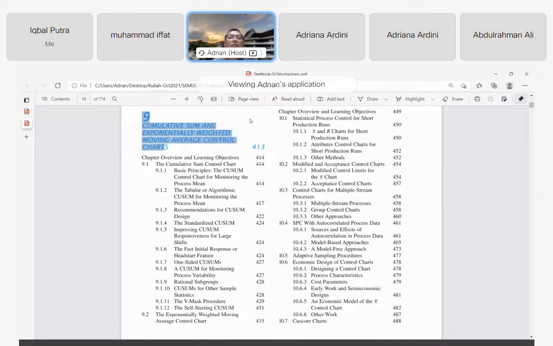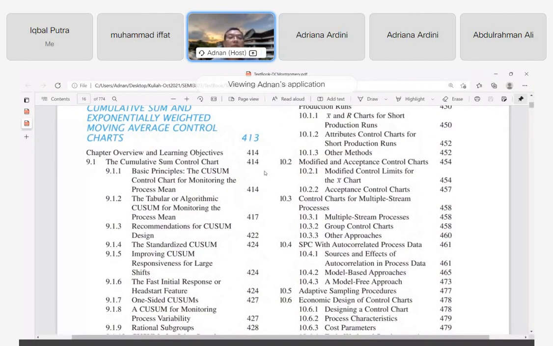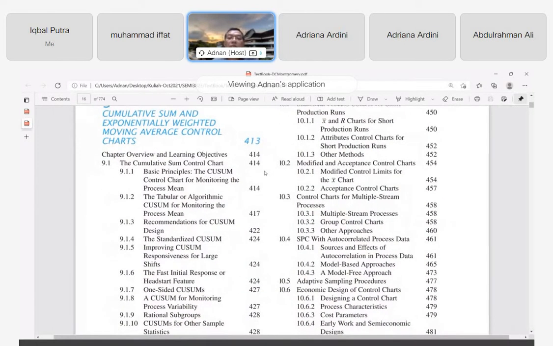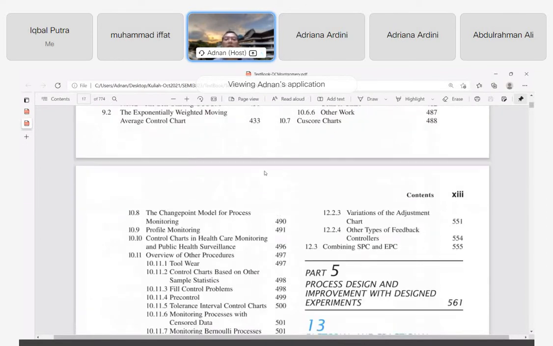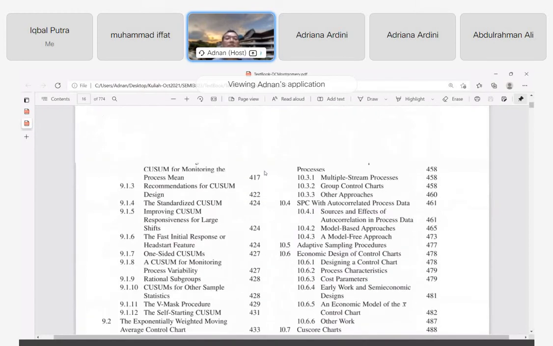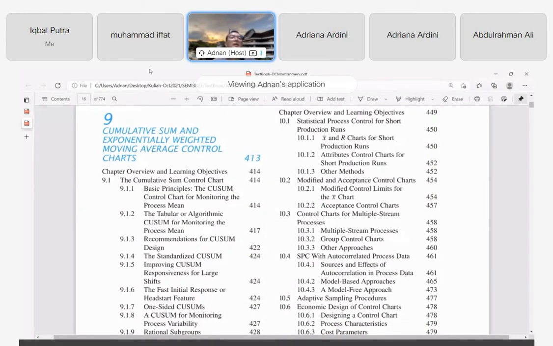These are two common control charts that are used. They can be used for individual values, and also for the mean values, the averages. Let me go to page 413.